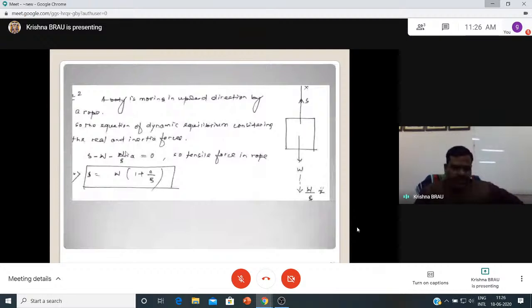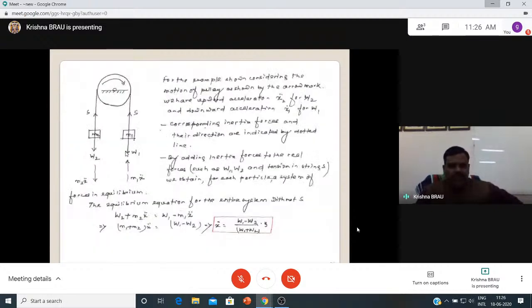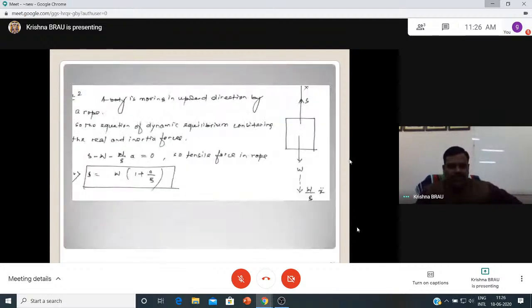Now this can be further simplified. As tension is acting upwards, acceleration is towards down. The body is said to be in dynamic equilibrium, considering the real and imaginary force. That is S minus W by g, because this is upwards and these two downwards.